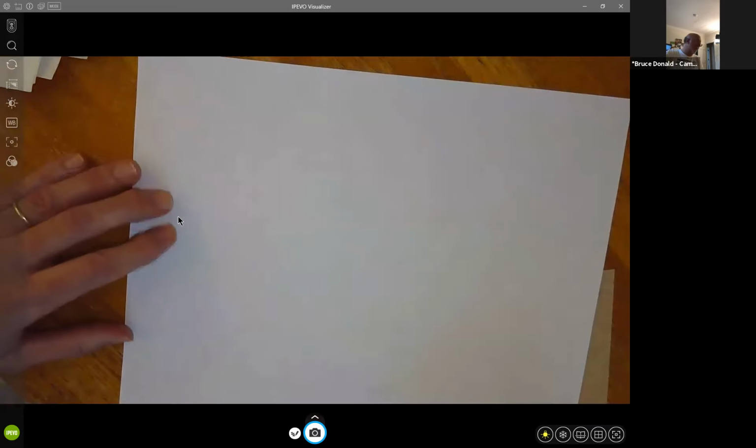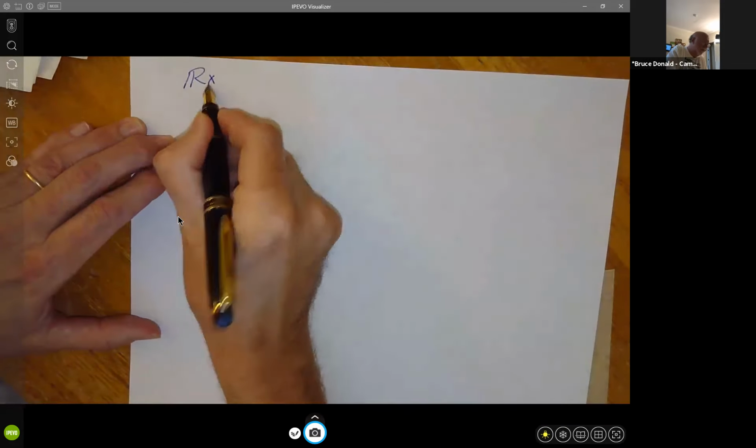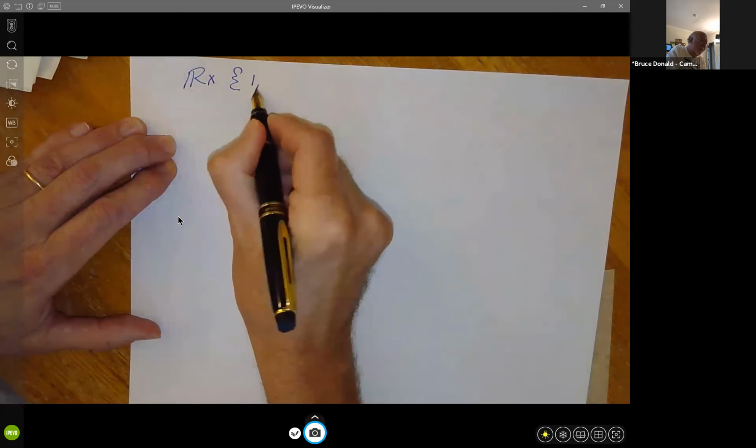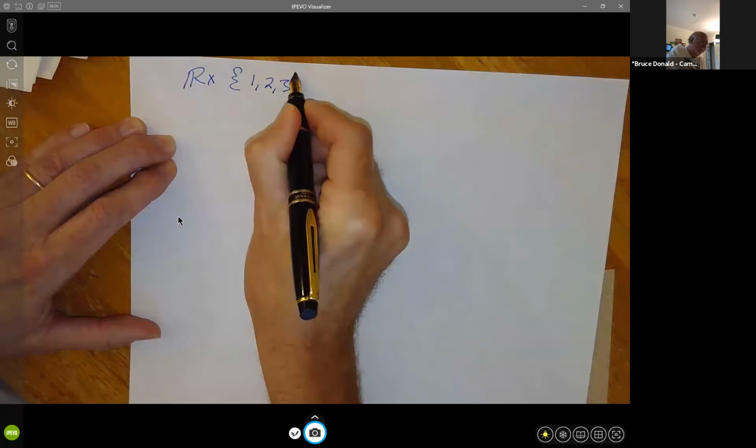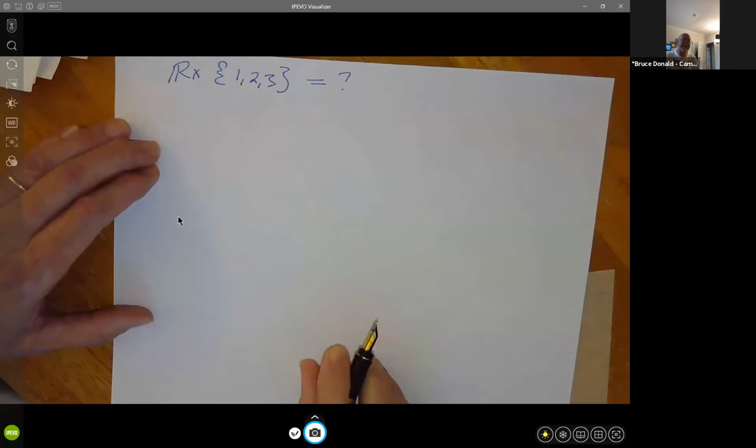Let's do another one. Getting back to discrete math a little bit. What does the set R cross the discrete set 1, 2, 3 look like? What do I get here?